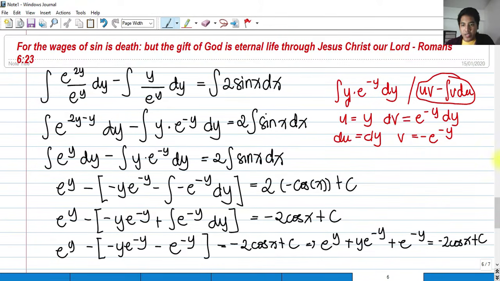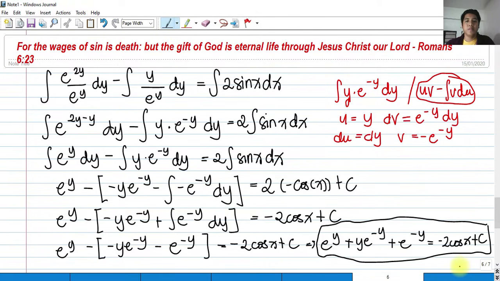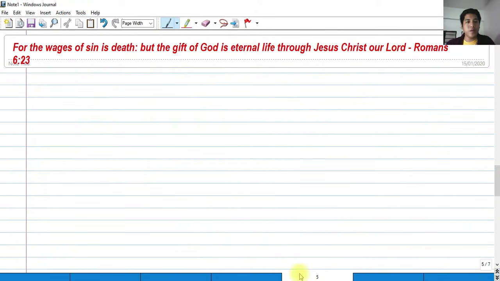And that should be our answer for this problem. This is our solution for this variable separable DE. So let's try another one.